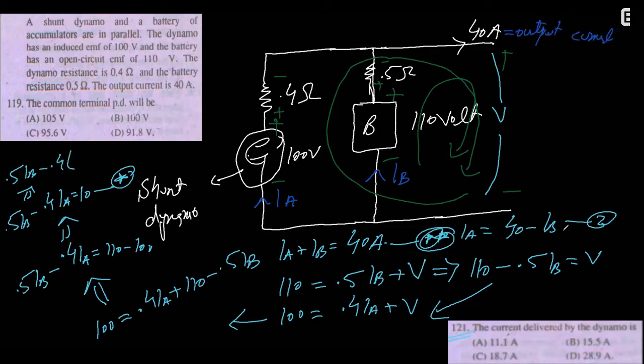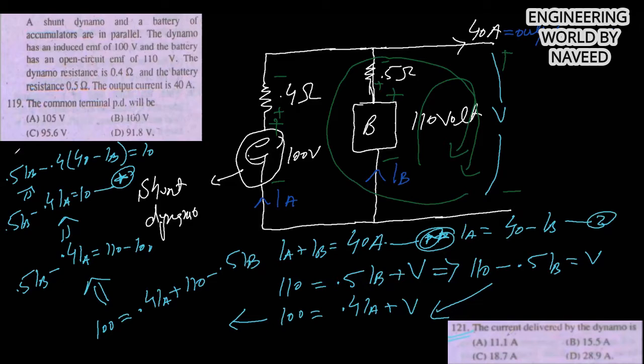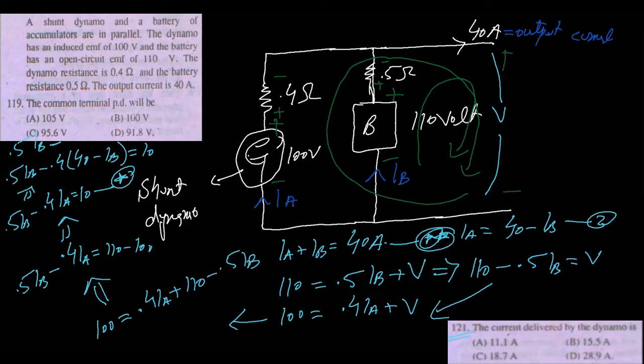Instead of IA, I will write 40 minus IB. That's equal to 10. So this will be 0.5 IB minus 0.4 times 40, which is 16, minus times minus is plus 0.4 IB is equal to 10.